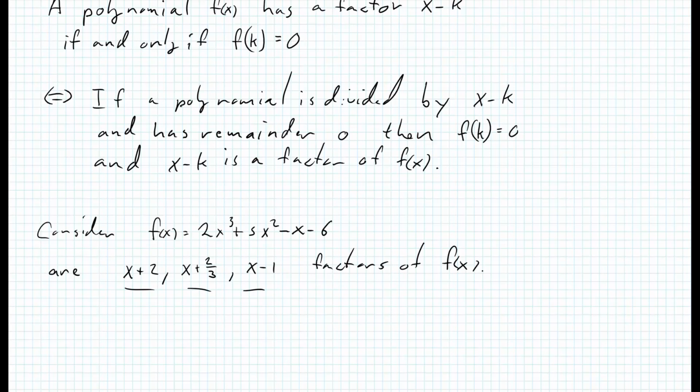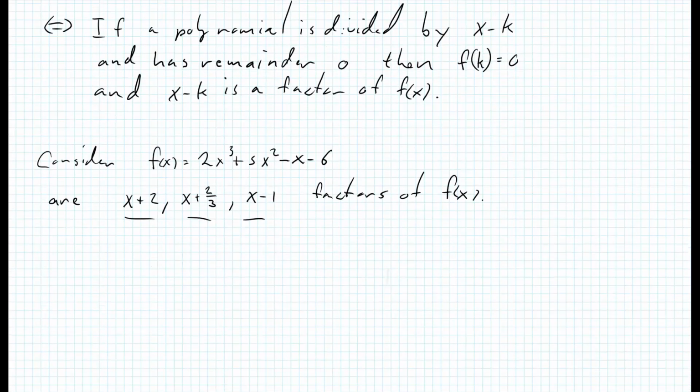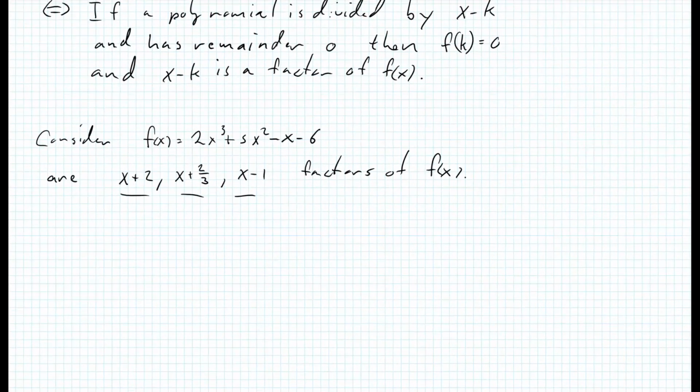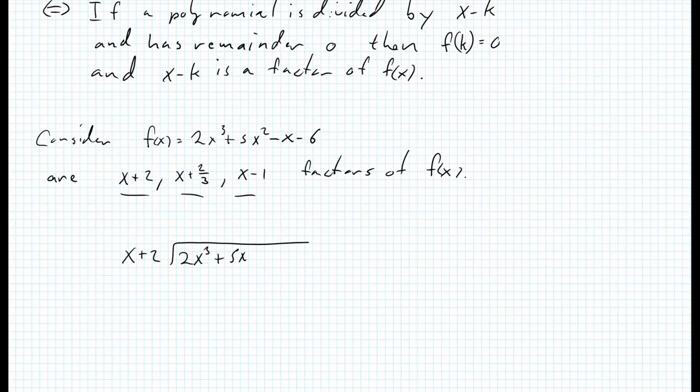Maybe all of them are. How could we do it? Well, there's a couple ways. We could do the long division, and maybe we should do one for practice. So x plus 2 into 2x cubed plus 5x squared minus x minus 6.